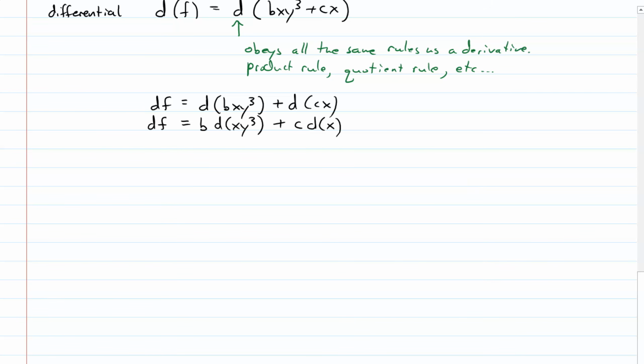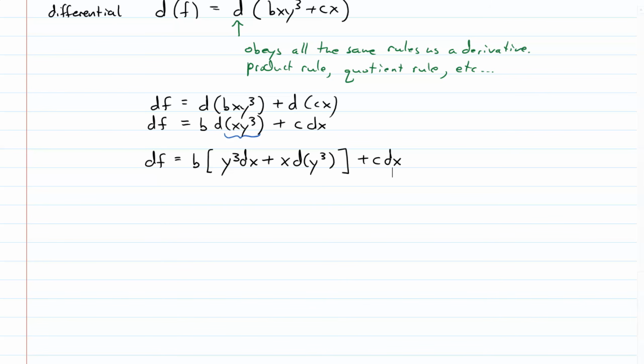Okay. And d of x is just dx, right? Now, in here I've got a product, so let's do the product rule here. df is equal to b times d of y cubed dx plus x times d of y cubed. And then I've got plus c dx. Okay?